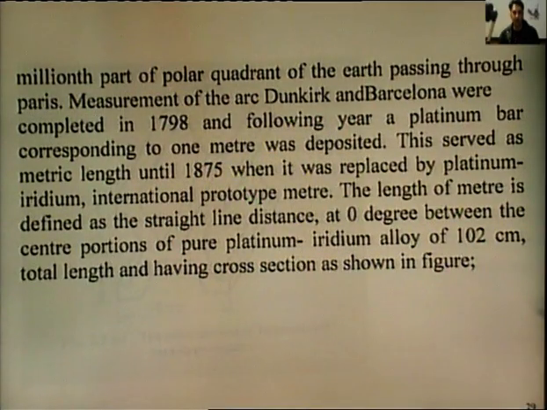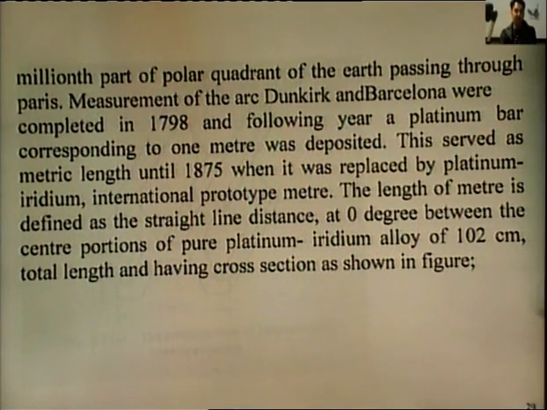Measurement of the arc, Dunkirk and Barcelona were completed in 1798, and the following year a platinum bar corresponding to 1 meter was deposited. This served as the metric length until 1875, when it was replaced by the platinum iridium international prototype meter.